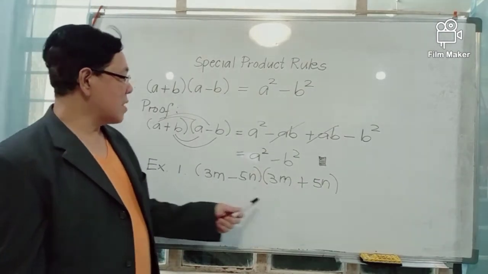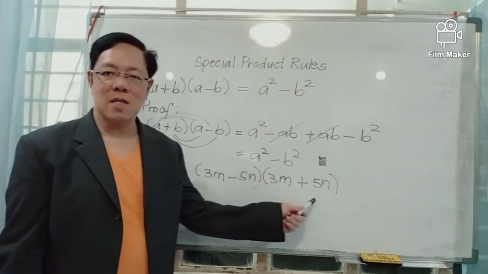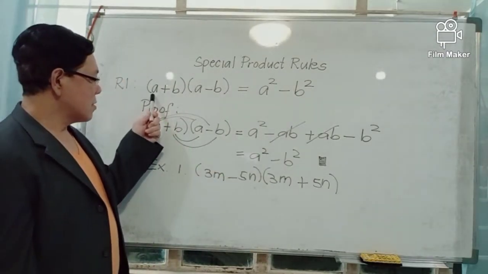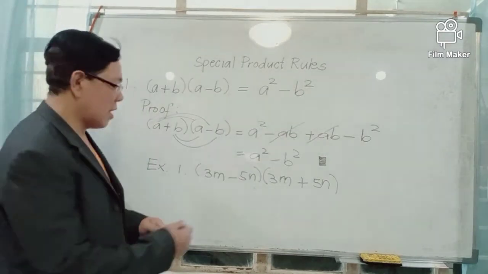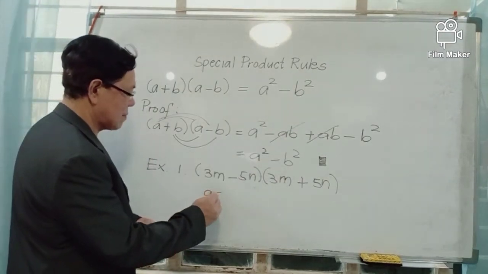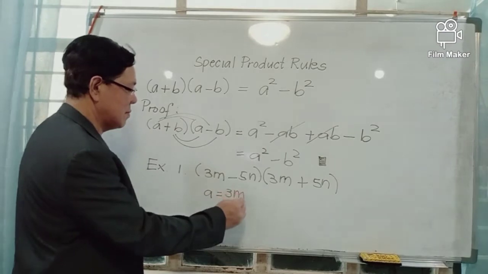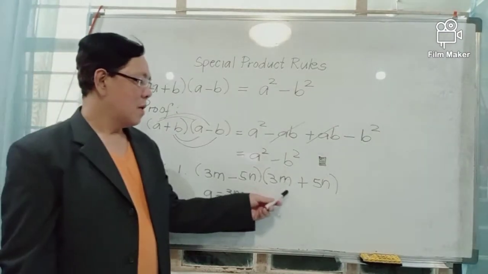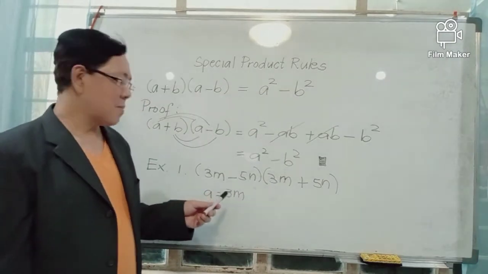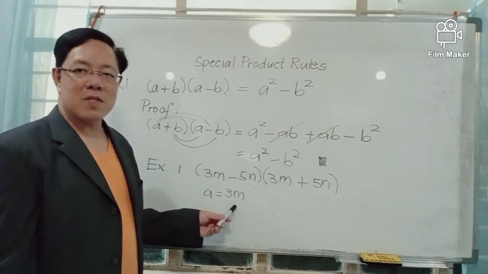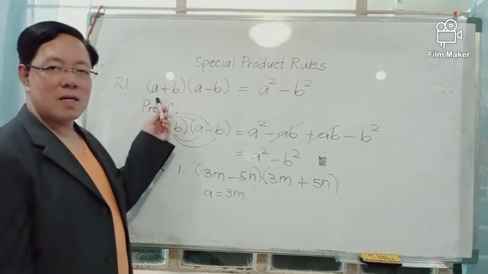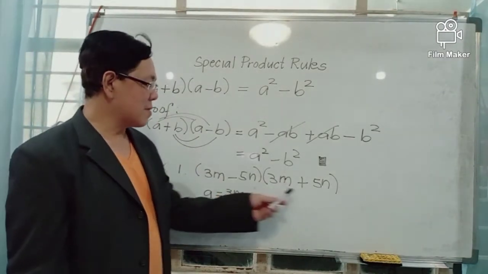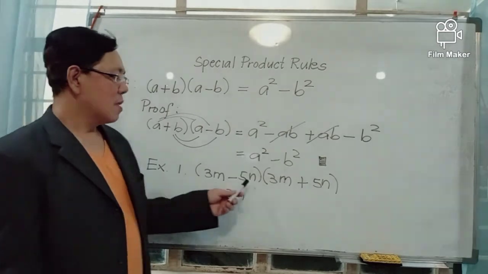But in this given, if you compare this given to the special product rule number 1, you see that A is 3m. The first term of these two products is the same, 3m, and the first term is denoted by A. You can also see that the second term in these factors is the same.